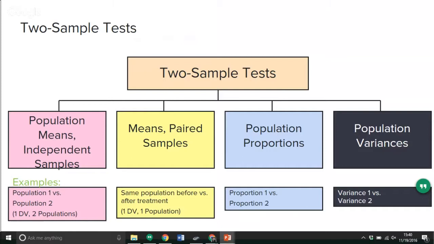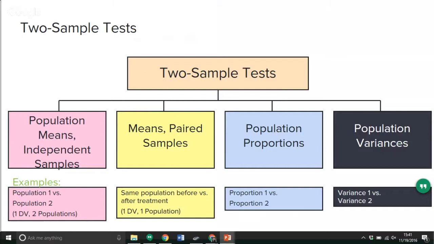In an independent sample t-test, the groups are independent. If you are in one group, you cannot simultaneously be in the other group. If you see format A, you do not see format B, and so forth. So we have one dependent variable, conversion rate, and two populations, format group 1 and format group 2.